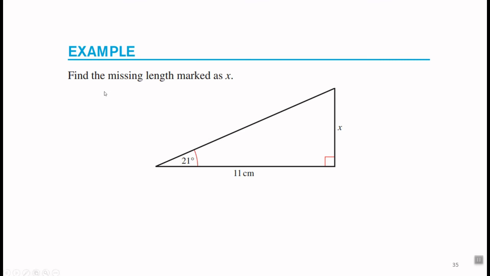Next example. Find the missing length marked as x. With respect to 21 degrees, this side directly opposite to the angle we call the opposite side, and the side attached to angle 21, one of the arms of the 21 degrees angle, is the adjacent side. Then we need to join opposite and adjacent. To join opposite and adjacent, we need tan.